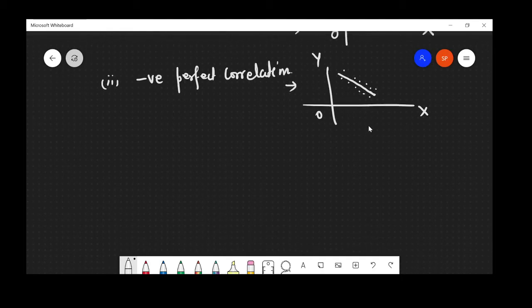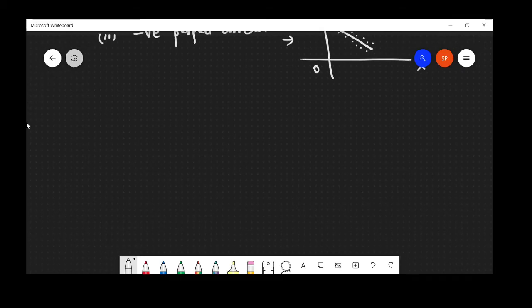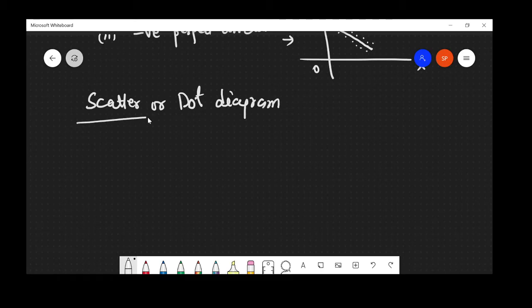So now we move to the scatter or dot diagram.